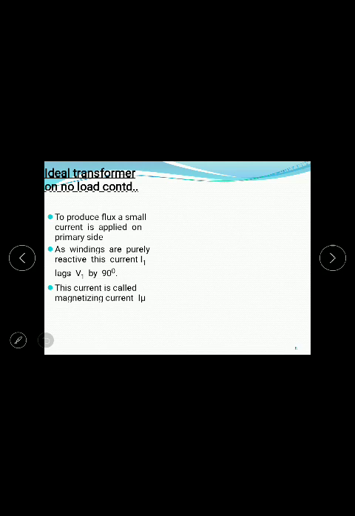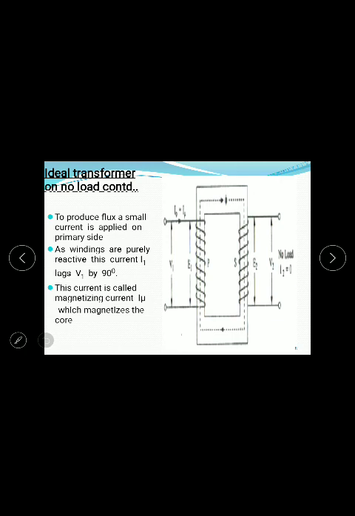That current is a reactive current which lags V1 by 90 degrees, and it magnetizes the core.